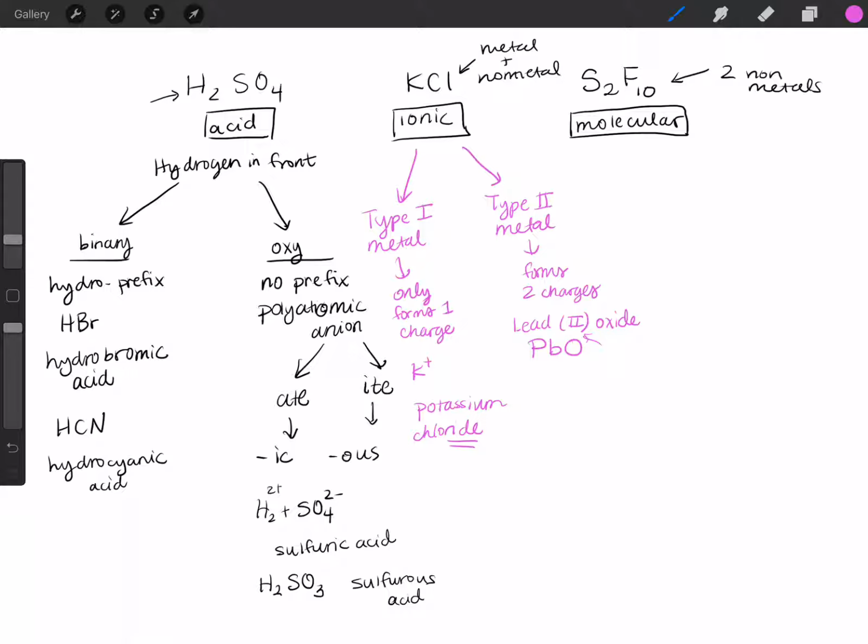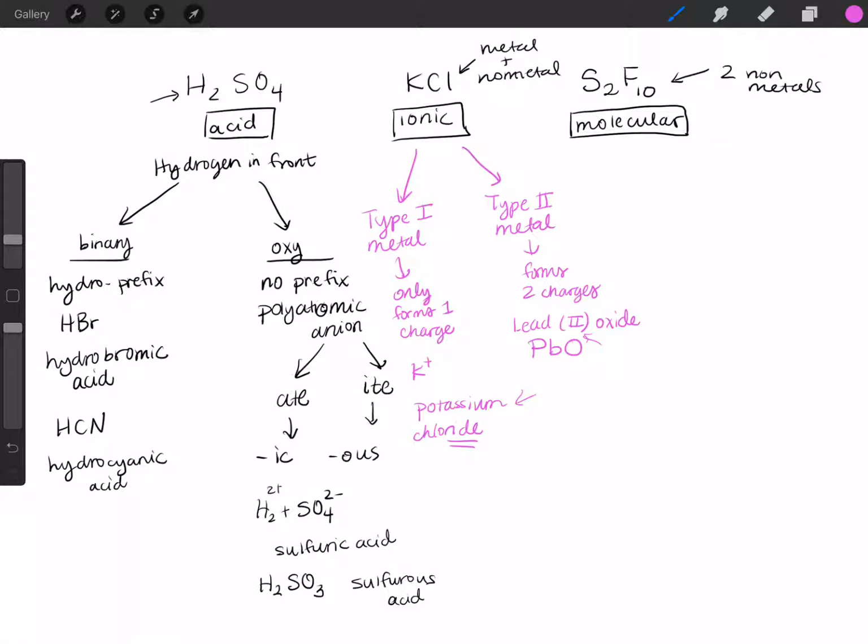You don't need a Roman numeral for potassium because when we talk about the potassium ion, it's always K+. There's never going to be any confusion there. So the Roman numeral is there to prevent confusion. When I say lead oxide, I need to specify it's lead 2 oxide and not lead 4 oxide, because that changes the formula. It changes the entire compound.